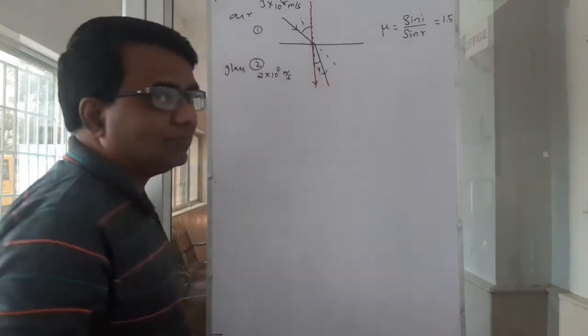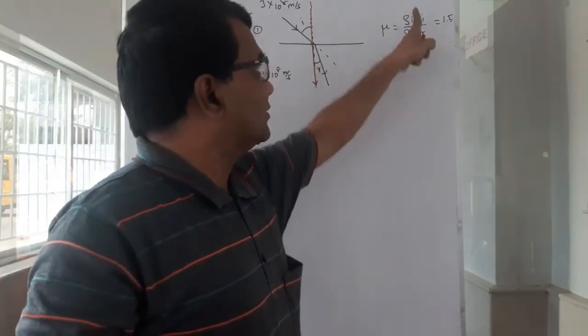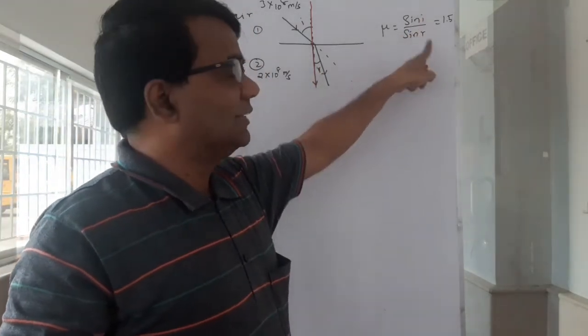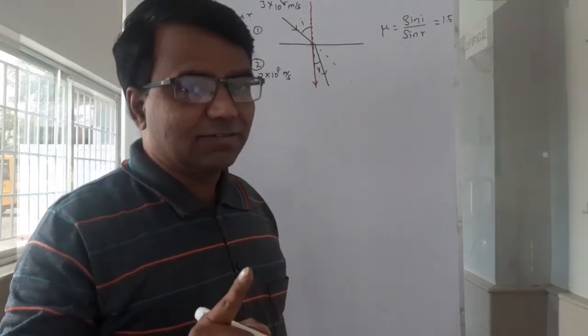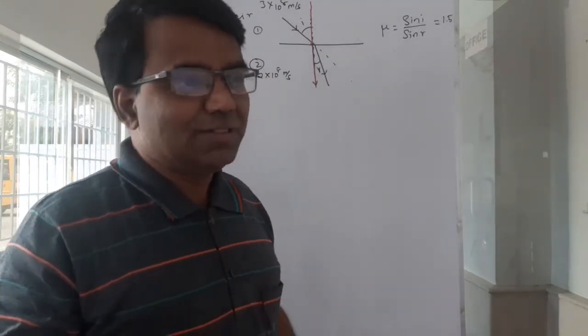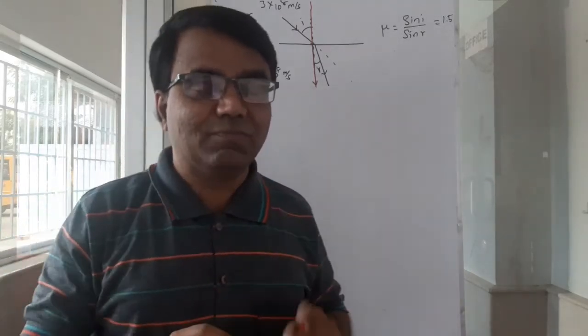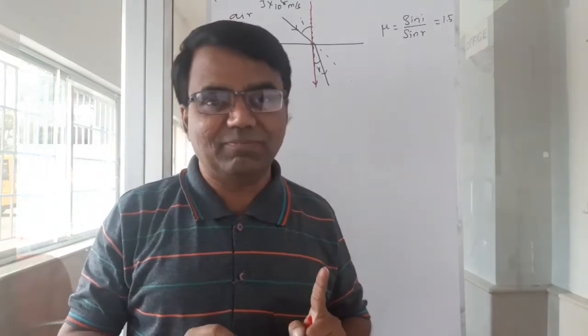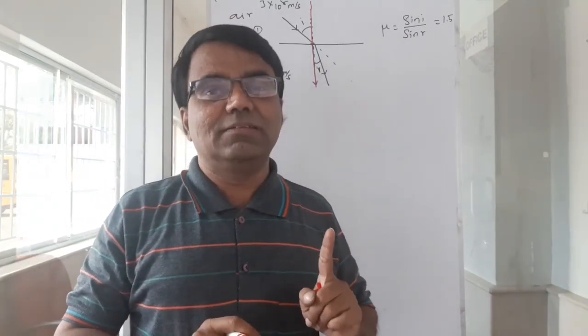Why? Because sin I is 0, then sin R should also be 0. 0 by 0, indeterminate. Okay?